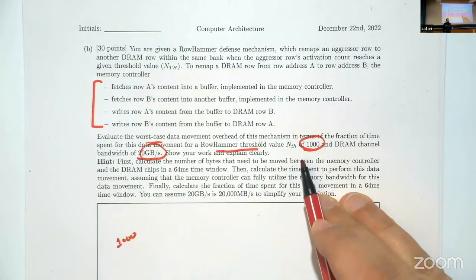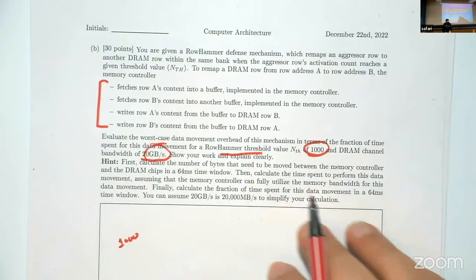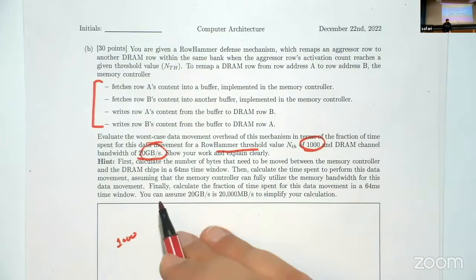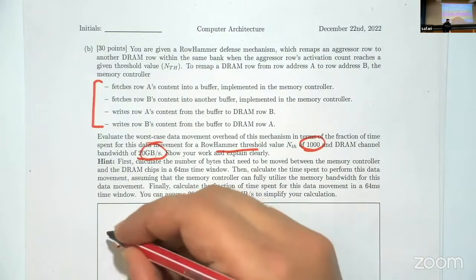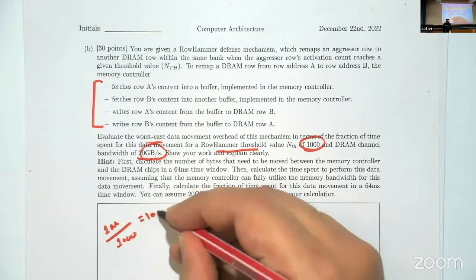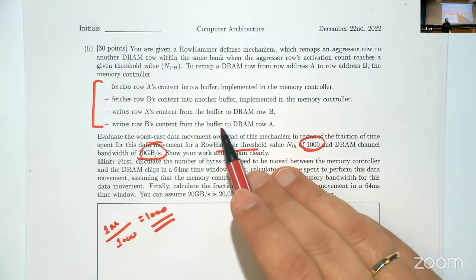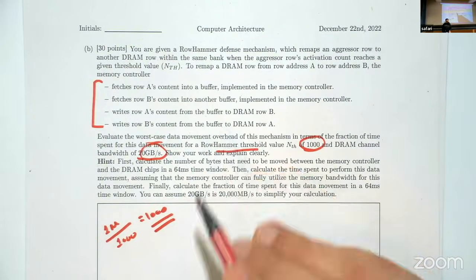And from the previous part of the question, we know that in 64 milliseconds, you can perform 1 million activations. So 1 million over 1000 is 1000. So I can trigger this operation 1000 times in a 64 millisecond window.